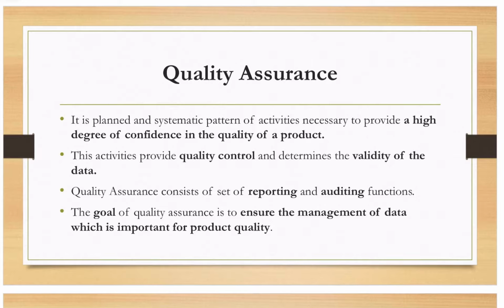The goal of quality assurance is to ensure the management of data which is important for product quality. So basically, quality assurance is a planned and systematic pattern of activities necessary to provide a high degree of confidence in the quality of the product, right? And it determines the quality of software. It is also called QA, that is quality assurance.